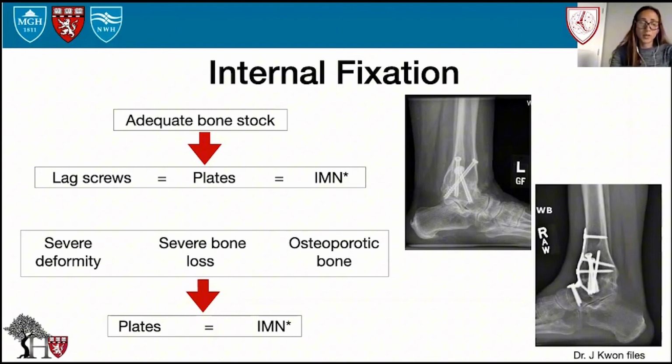In cases where the patient has a severe deformity, severe bone loss, or osteoporosis, and even in cases with osteopenia, biomechanical studies more strongly support the use of plates or an intramedullary nail to provide a more stable and rigid fixation. In these cases, patients are also suitable for a hybrid fixation, where we can use lag screws, but we can also use a neutralization plate to provide a more rigid construct.